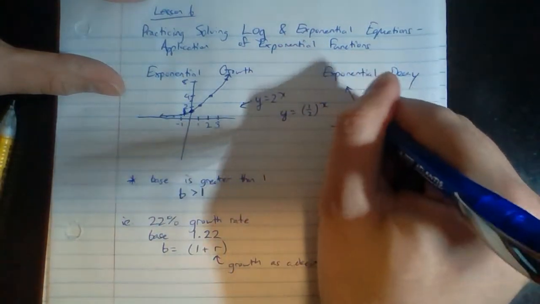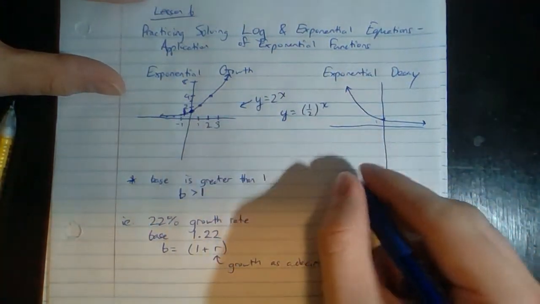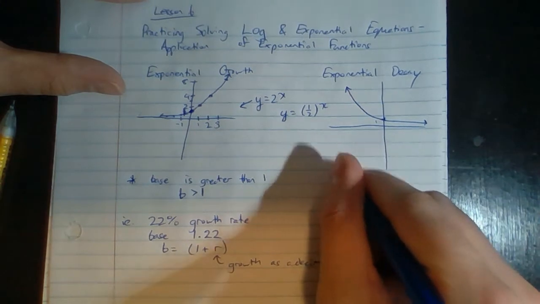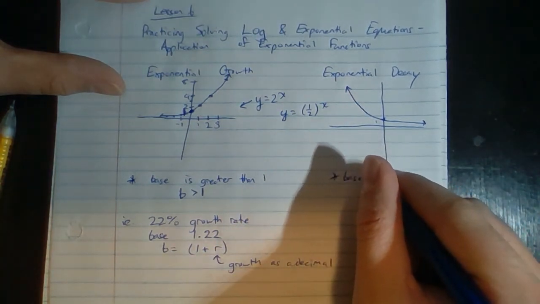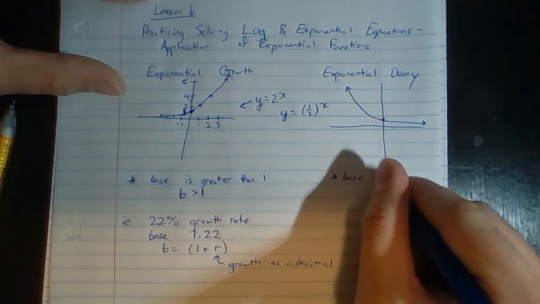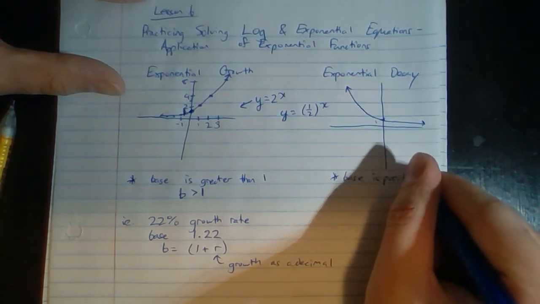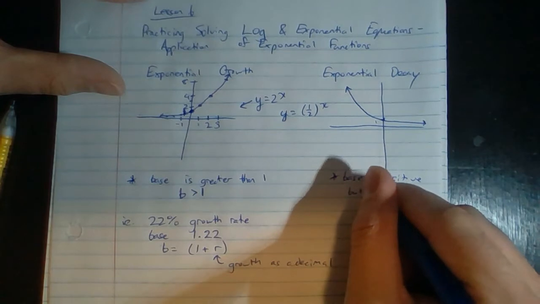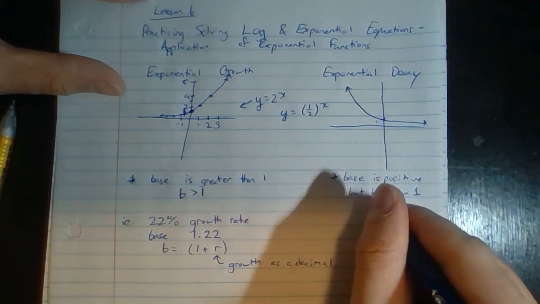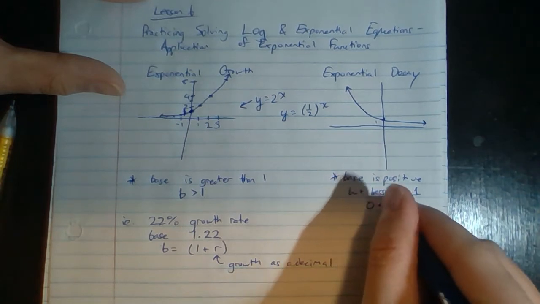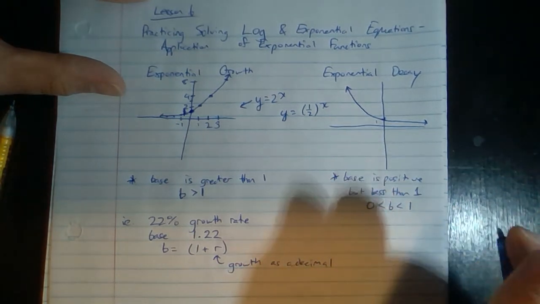So we get that same sort of shape. So base is positive but less than 1. So it's between 0 and 1.